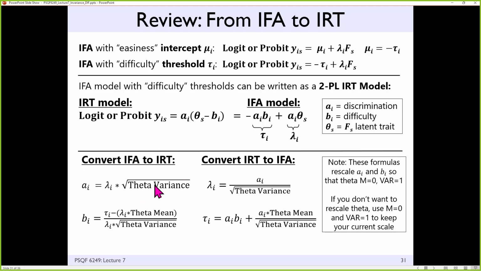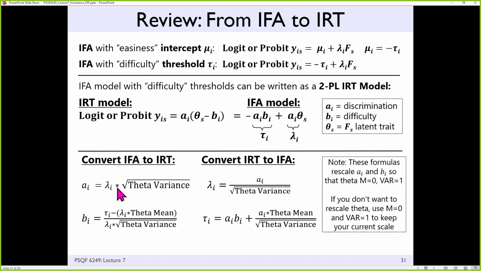So we've been ignoring this part in a single group model because most of the time we fix our theta variance to 1 and then loadings and A's are the same. However, in an invariance solution, we can't fix the theta variance to 1 in both groups, or we're putting in a structural constraint. So that means if the alternative group has a different theta variance, it will necessarily have a different A, even if the loading part is the same.